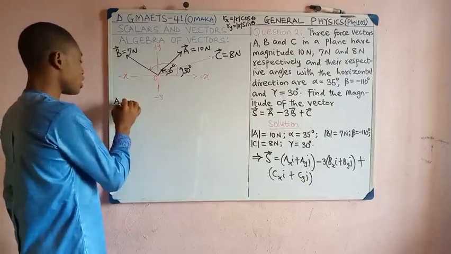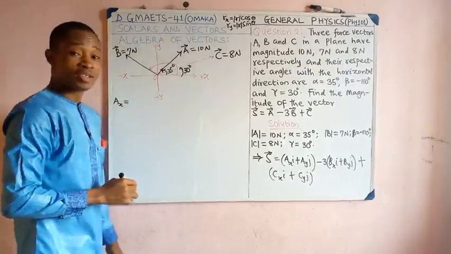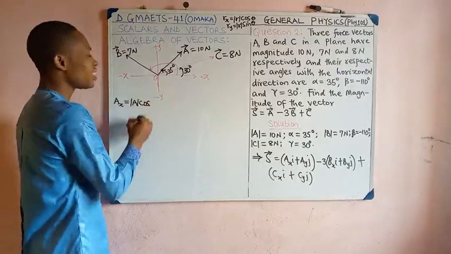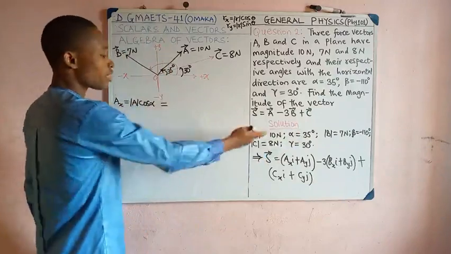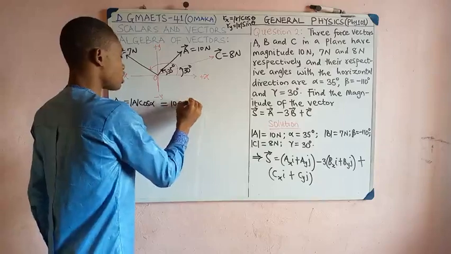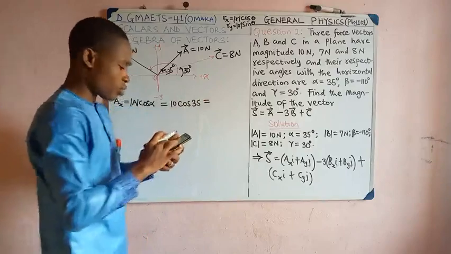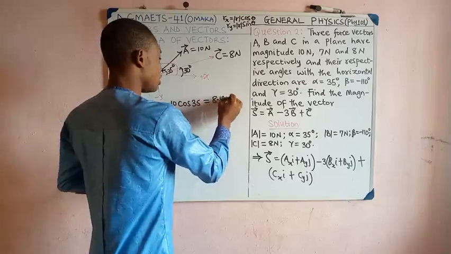The AX coordinate is going to be magnitude of A, cos the angle that A made, which is 35, alpha. Magnitude of A is 10 Newton, cos alpha is 35 degrees. So let us see what this is going to give to us. If you work it out, you're going to get 8.19 Newton.